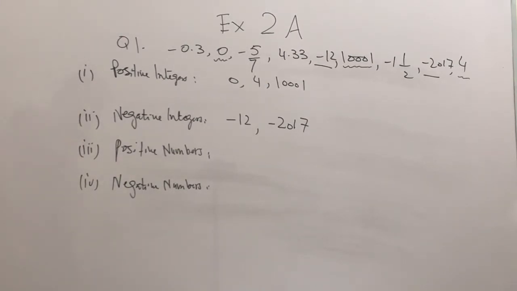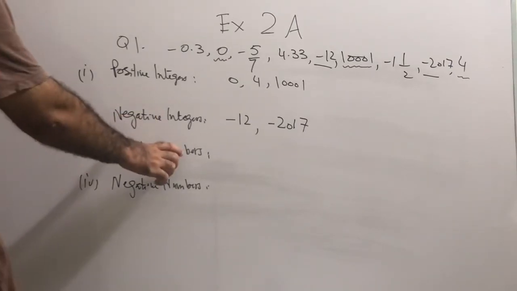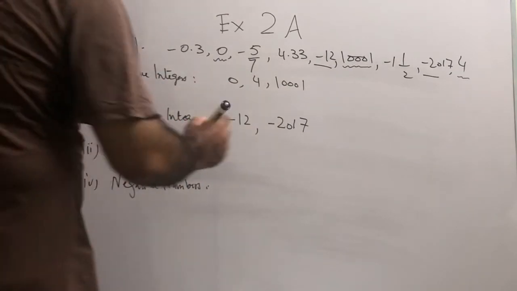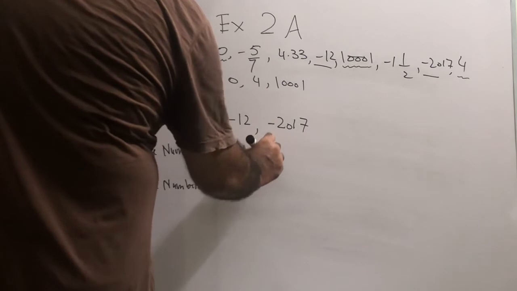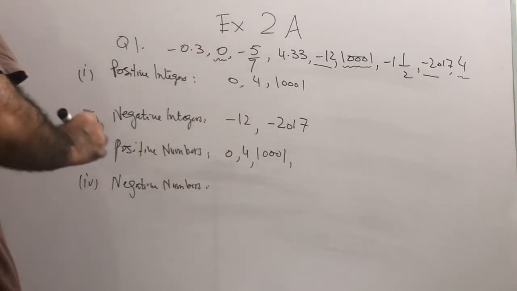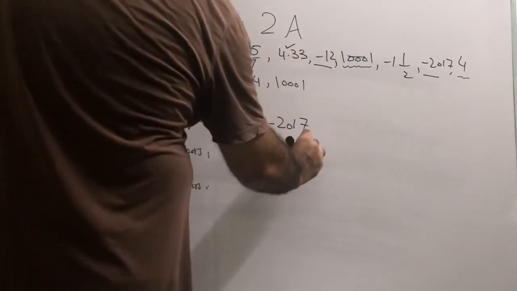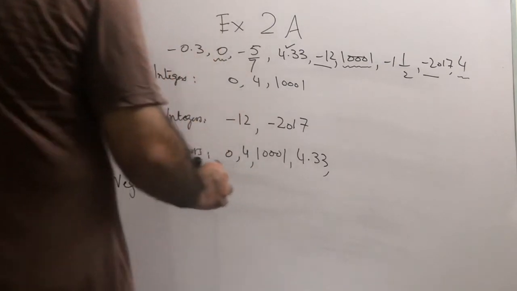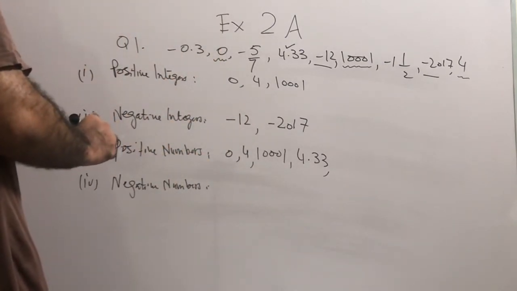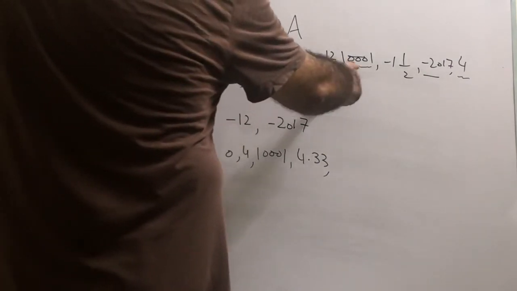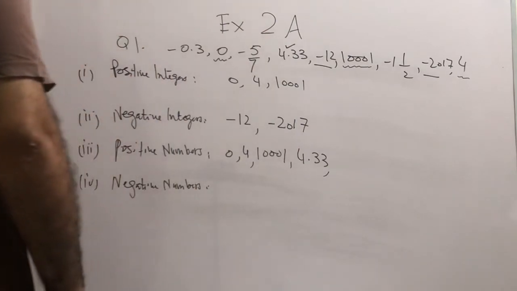Now moving forward to positive numbers, first of all positive numbers have positive integers as well. So we'll write again 0, 4, 1,001. And what about other positive numbers? We can see 4.33, it is a positive number. Then I think there is no other positive number.